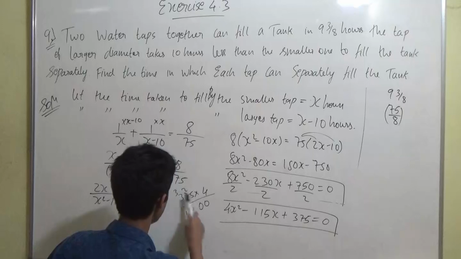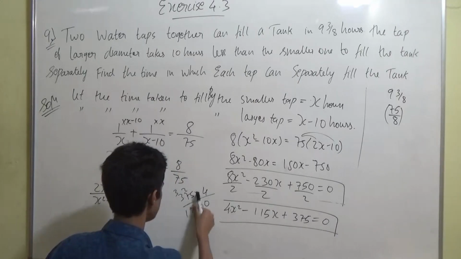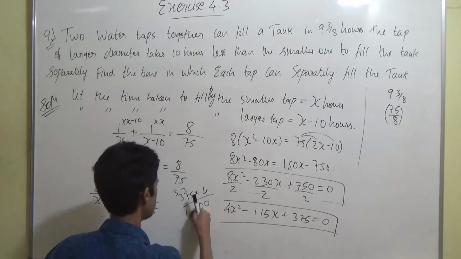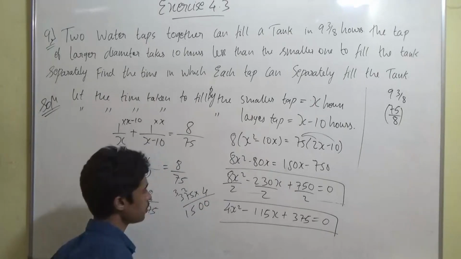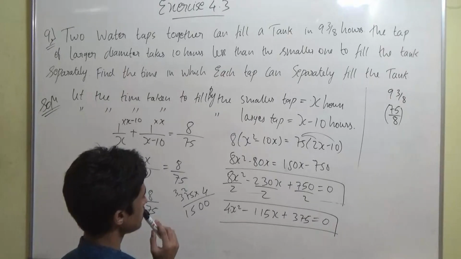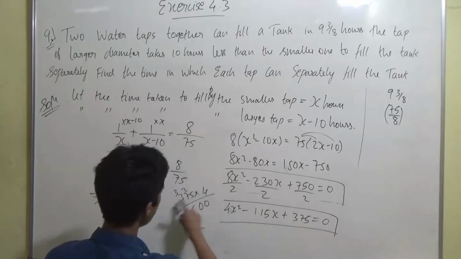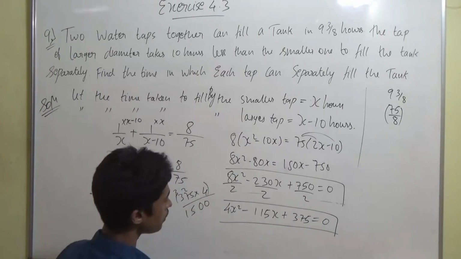Okay, 1500. Now let me think how we can bring out 1500 from splitting. I multiplied the first term and the last term, guys. After multiplying the first and last term, I got 1500.